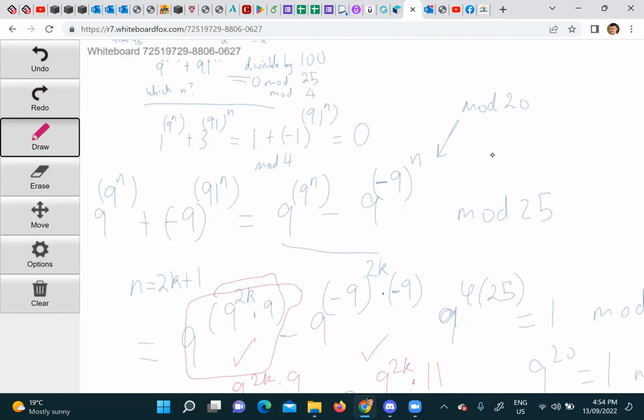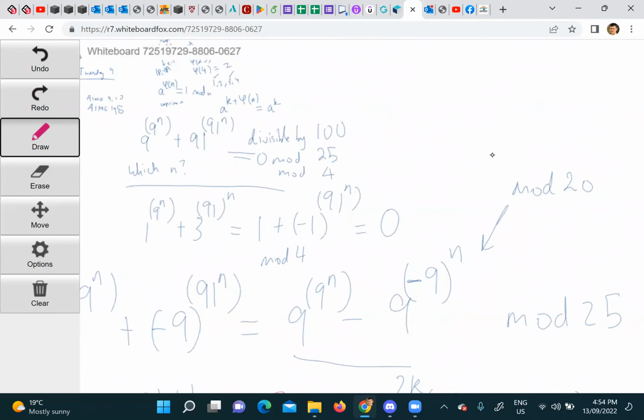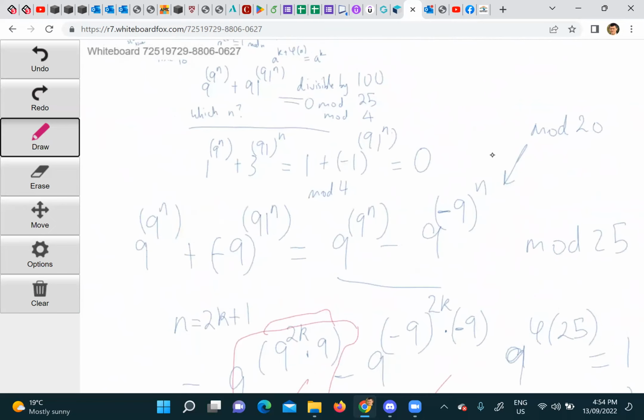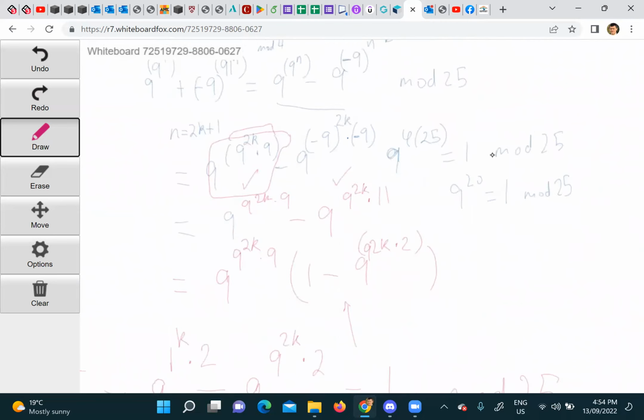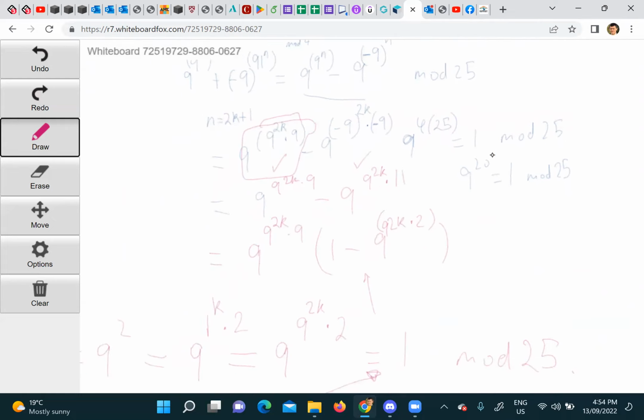I would say it's worth 1 mark to reduce it to mod 25, 1 or 2 marks to say that the even case works, and 1 or 2 marks to say the odd case doesn't work. So this was a deceptive question.